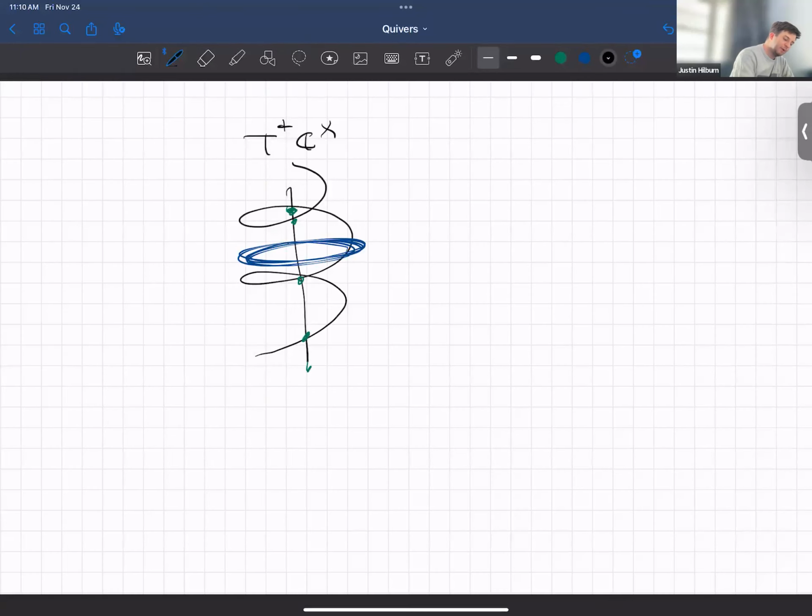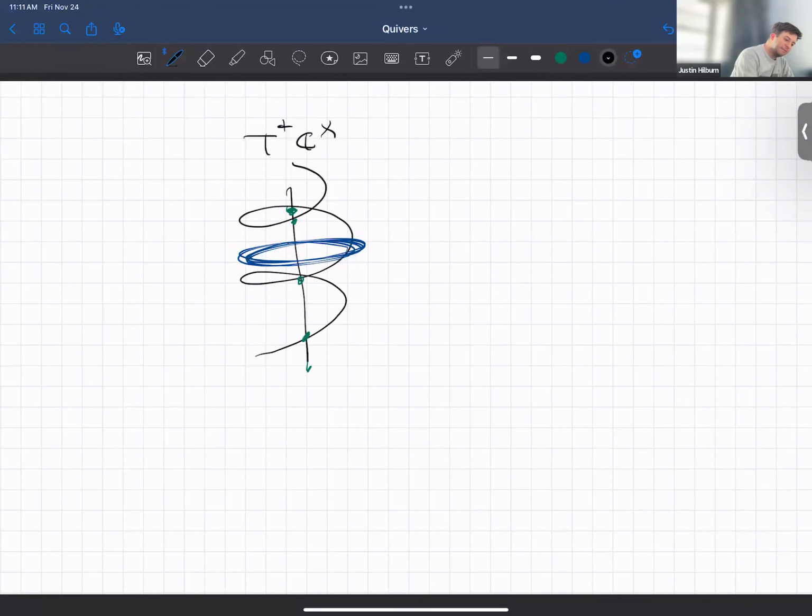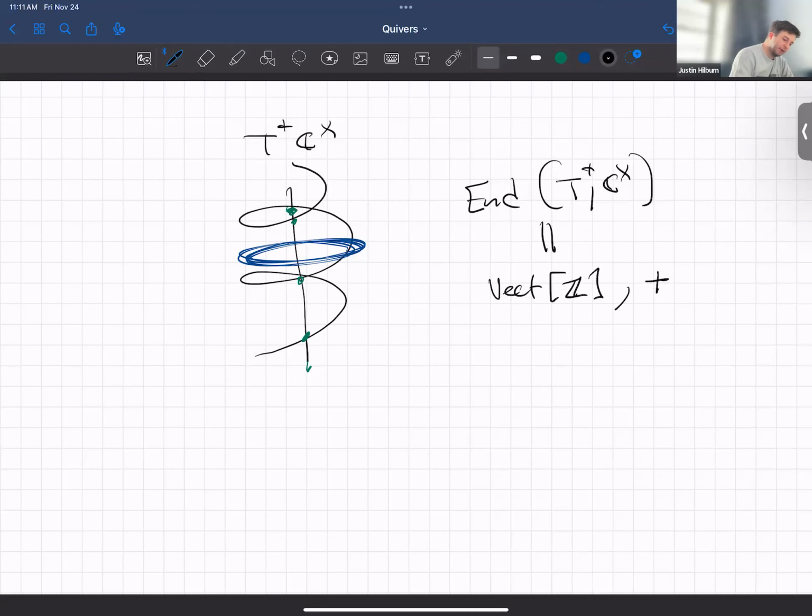Because this would give you that the endomorphisms of this guy are going to be just the category with an integer's worth of objects and then basically with monoidal structure given by plus.